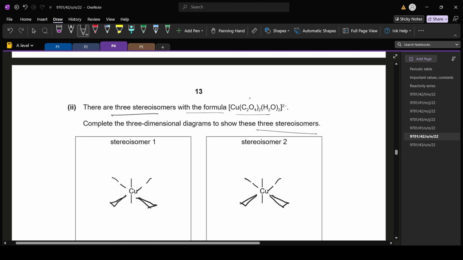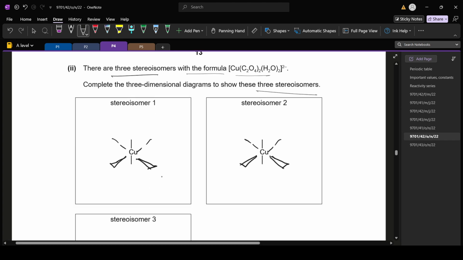So you have to show it like this. Let's first draw the optical isomerism. This will show optical as well as stereoisomerism. Let's see how. C2O4, and the other, let's draw it here, C2O4.